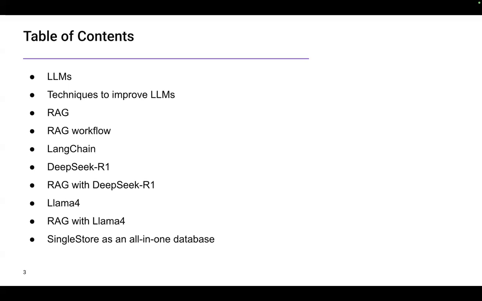I'm going to talk about the RAG workflow, and then I'm going to talk about LangChain, and then DeepSeek R1, RAG with DeepSeek R1, and I'm going to talk about the next LLM, that is Llama 4, and then I'll show you the practical implementation of RAG with Llama 4, and at last I'm also going to talk about SingleStore, why you guys need to use SingleStore as the all-in-one database for all your applications, whether you're building real-time applications or AI applications or RAG applications.